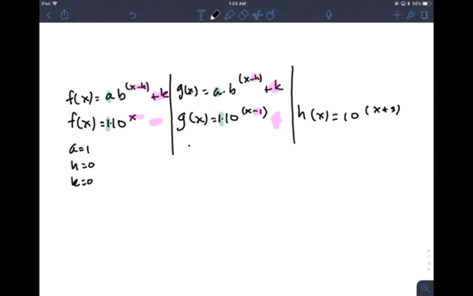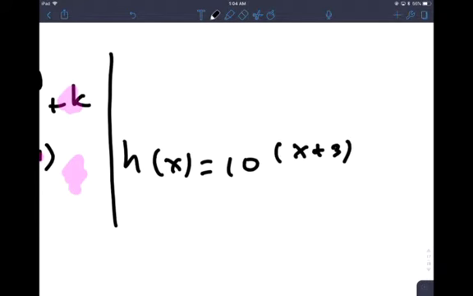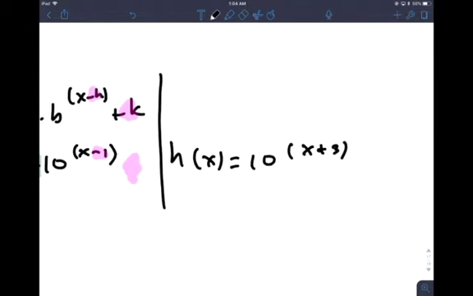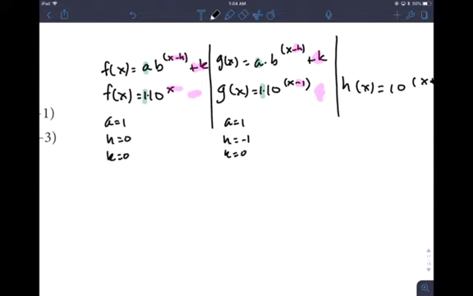So a is equal to 1, h is equal to negative 1, and k is equal to 0. With that, you can look at the notes. We know that h makes the graph go left and right. If you do this to the last one, you will recognize that a is 1, h is negative 3, and k is 0.